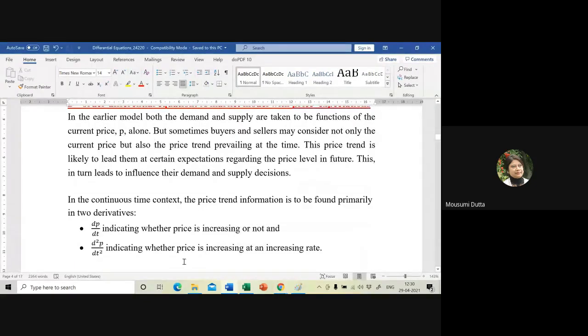Generally, when we present the thing, we consider increasing or decreasing. Yes, it can be the constant rate. In that case, the second derivative will be equal to 0. Okay, ma'am. Yes.